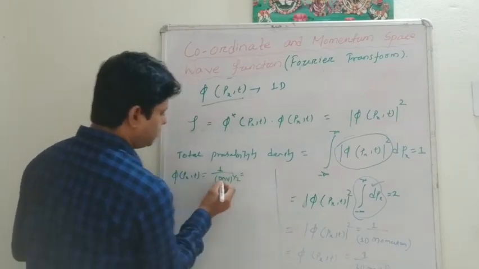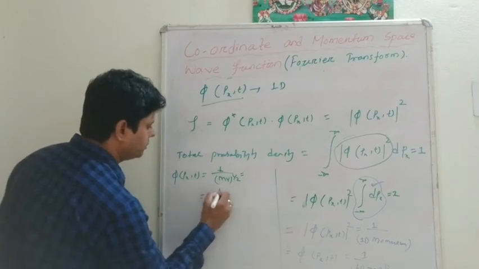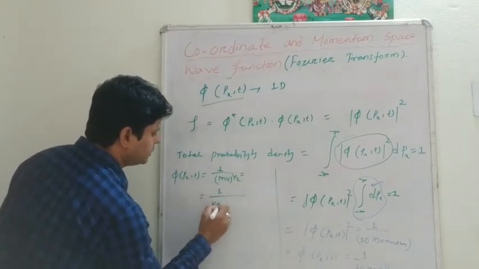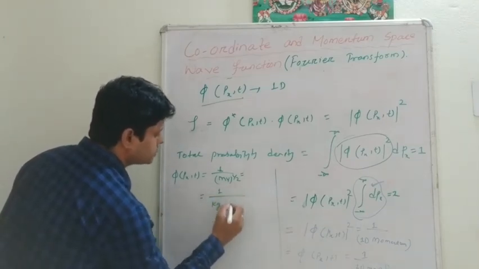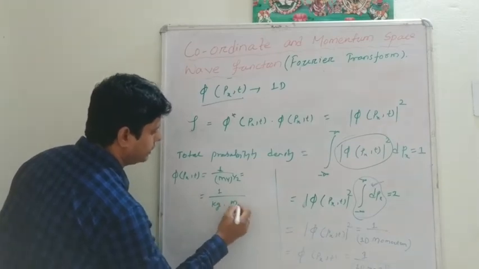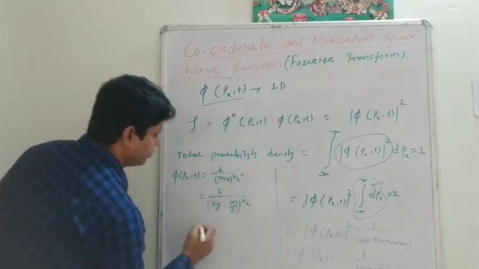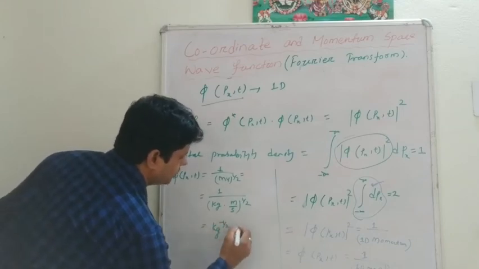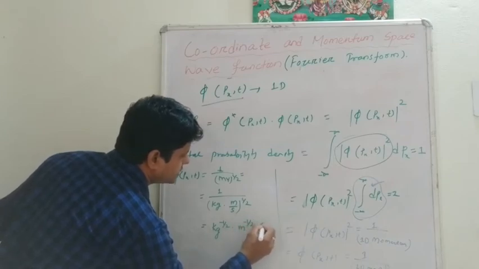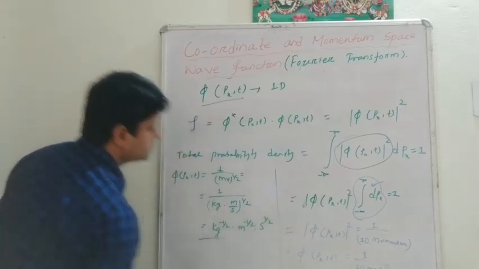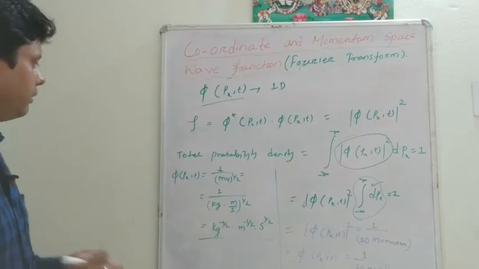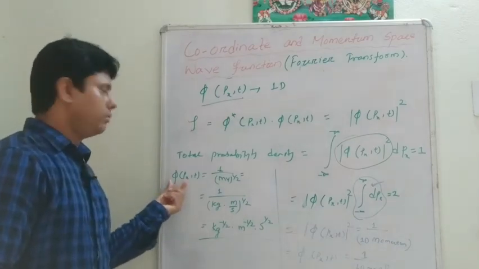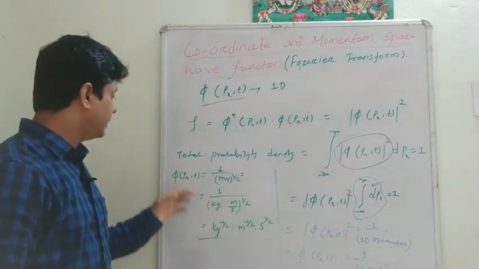That is, 1 by kg into velocity, meter per second, to the power 1 by 2, or it will be kg to the power minus 1 by 2 into meter to the power minus 1 by 2 into second to the power 1 by 2. So this is the unit of the momentum space wave function in 1D.